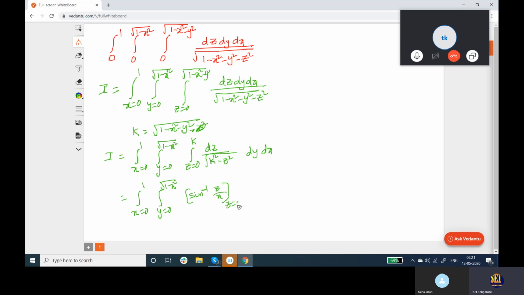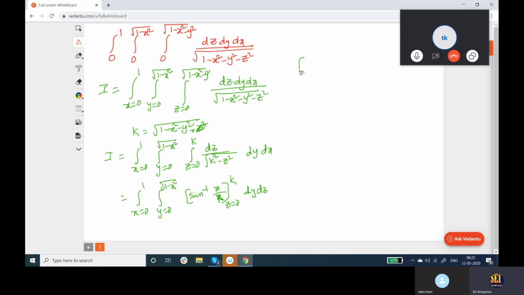So z is equal to 0 to k, dy dx. Still, how to solve this? In place of z, we are substituting k as well as 0. Sorry, this is not x, this is k, because k and z relation it is.